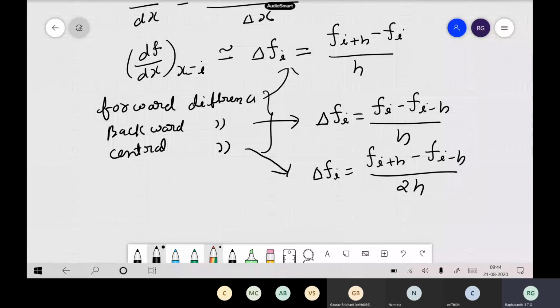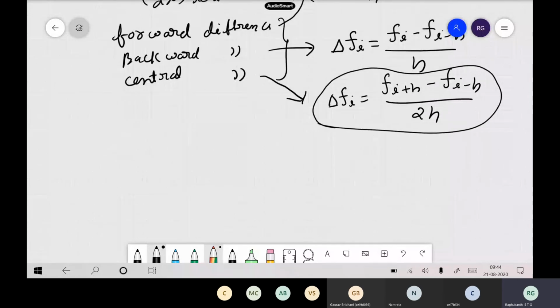You can write not only in terms of i plus h, i minus h, you can also use the other points, that is i plus 2h, i minus 2h, and derive them actually. But the one widely used is the central difference, because the error is of order h square, so we do the central difference approach only.